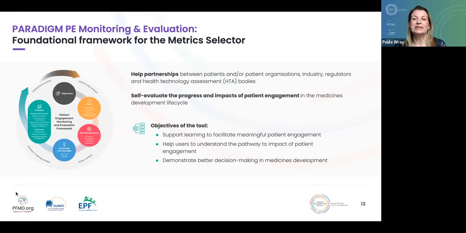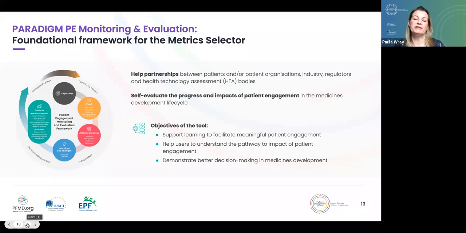So Paradigm was an alliance funded by the IMI program to develop tools and resources to strengthen patient engagement. One of the key outputs from that was a monitoring and evaluation framework. The idea was to support learning, to facilitate meaningful engagement, help users understand their pathways, and to evidence the decision making.